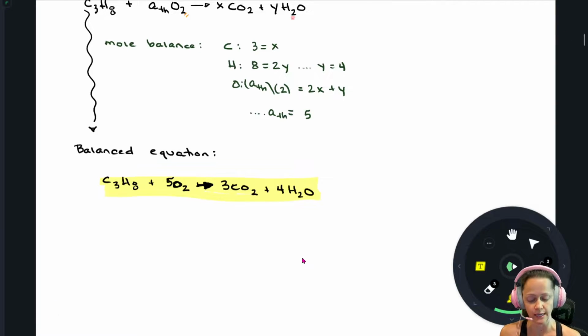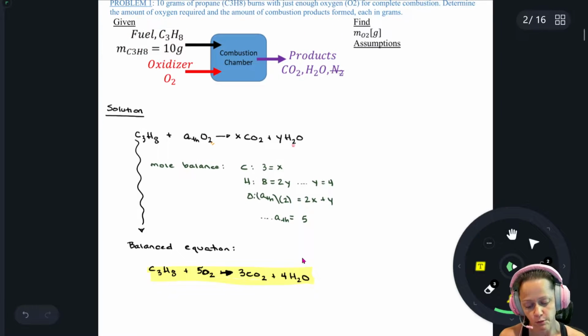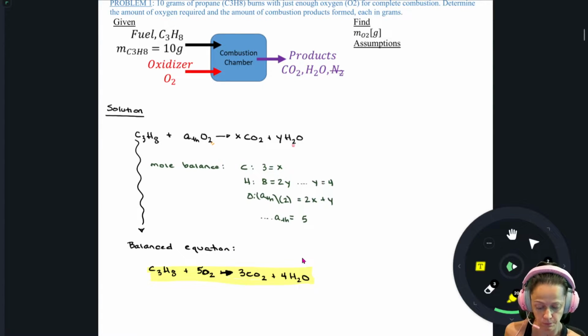So the problem is asking me for the mass of the oxygen that I need for combustion of my C3H8, my 10 grams of C3H8. So I've got this equation written in terms of moles. So it would probably be a really good idea for me to get things in terms of moles and not mass.